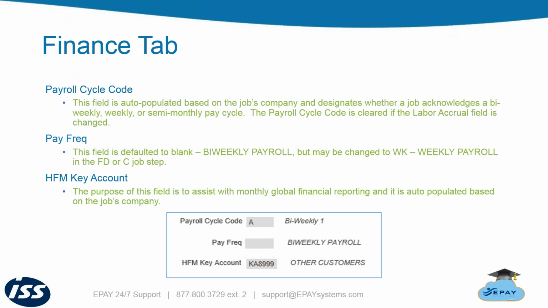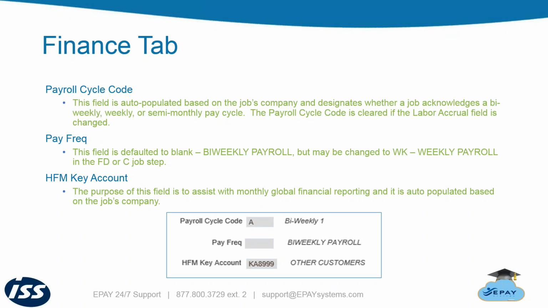So next you see payroll cycle code, and this field is auto-populated based on the job's company and designates whether a job acknowledges a biweekly, weekly, or semi-monthly pay cycle. And the payroll cycle code is cleared if the labor accrual field is changed.